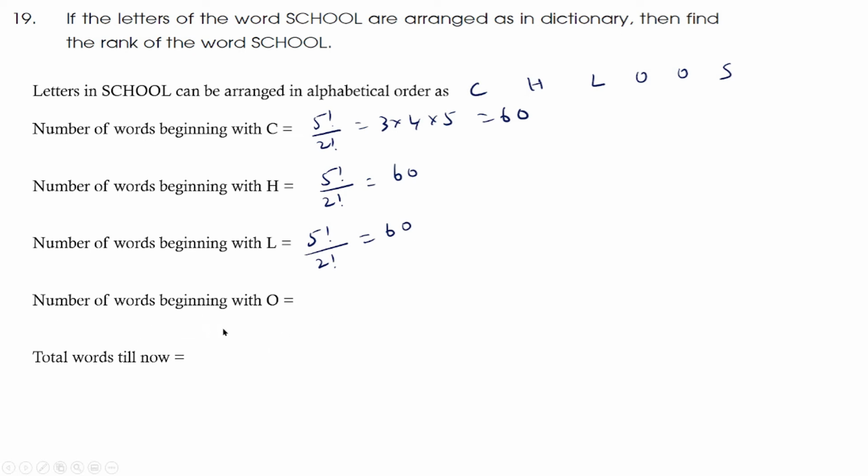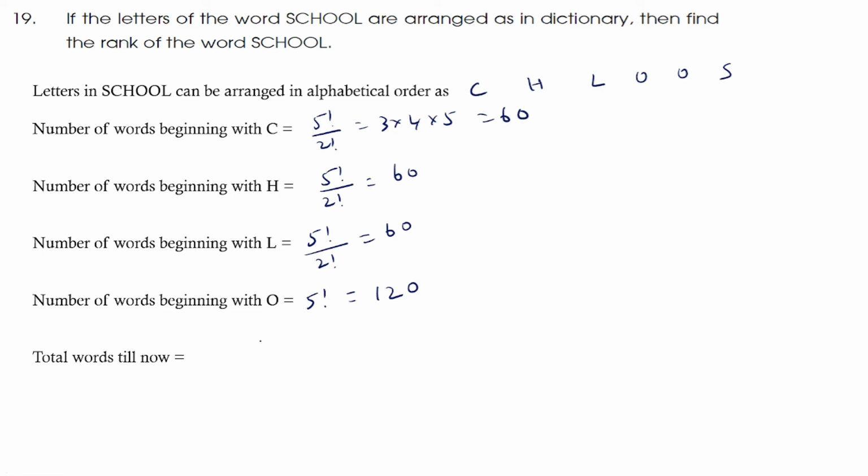Now the number of words beginning with O will be, here we have 1 O here, the remaining letters are 5 letters. So it is only 5 factorial because no letter is repeated. Now 5 factorial is 120. Now the total words till now, if we add all these, we will get all the words starting with C, H, L and O. The next word will start with S. And accordingly, we can find the rank of SCHOOL.